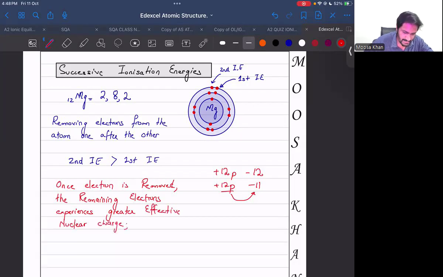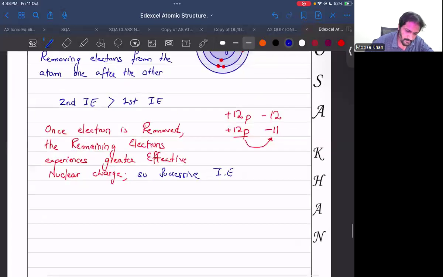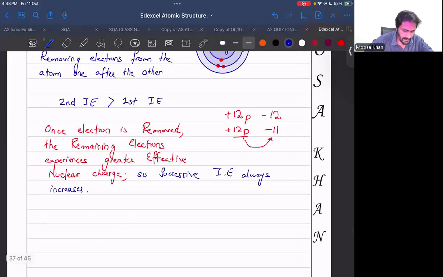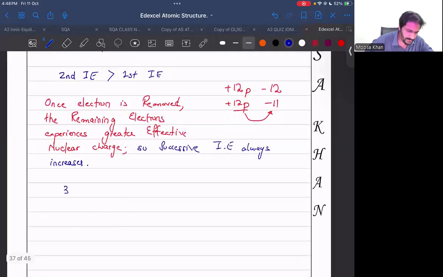So successive ionization energies always increase. Comparing the second with the first ionization energy, the second is greater.